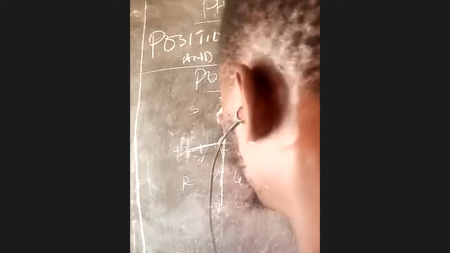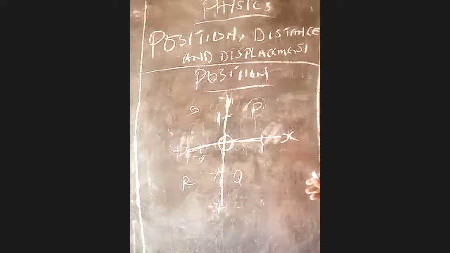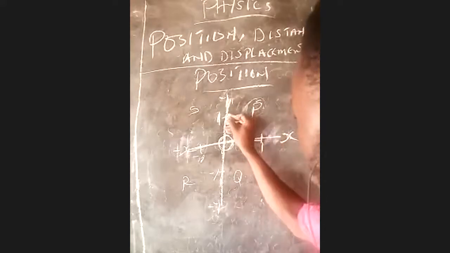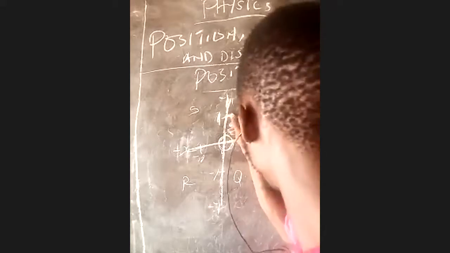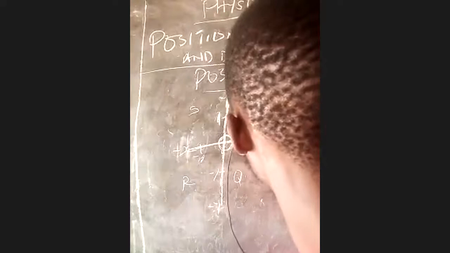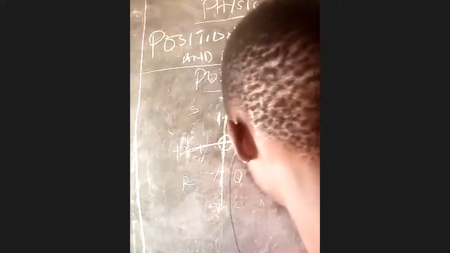Now, if the position P is specified by the coordinates, let me say that this is the position of P. Now, we draw a line from here, meet here, then down here.